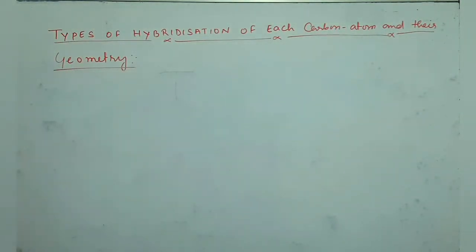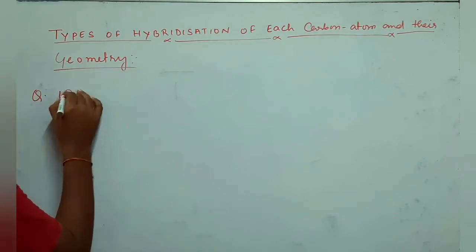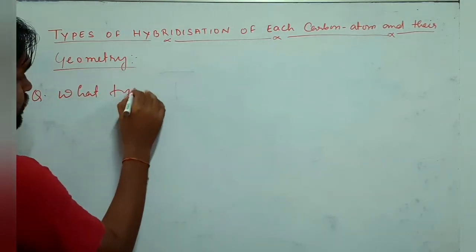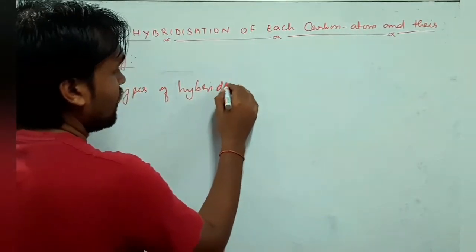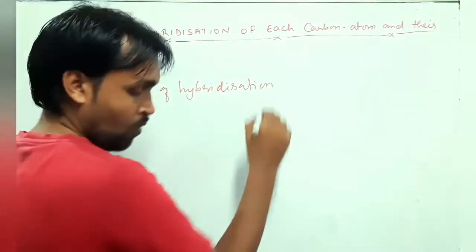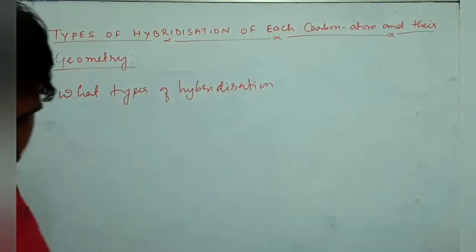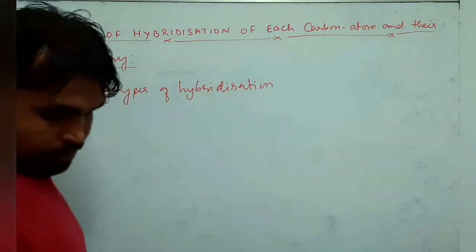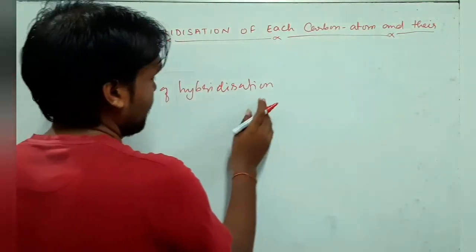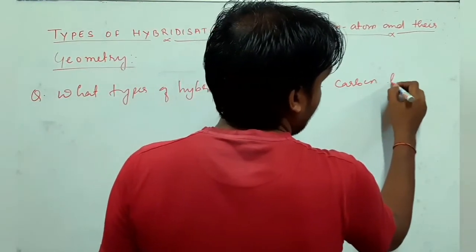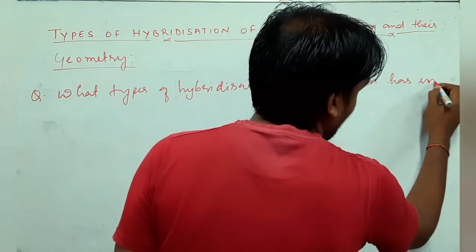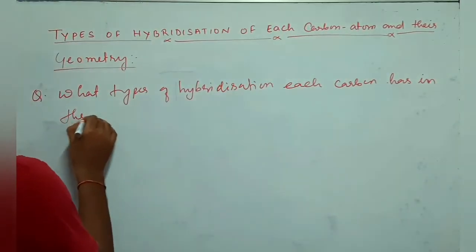Fine. So the question here is, what type of hybridization does each carbon have in the following compounds?